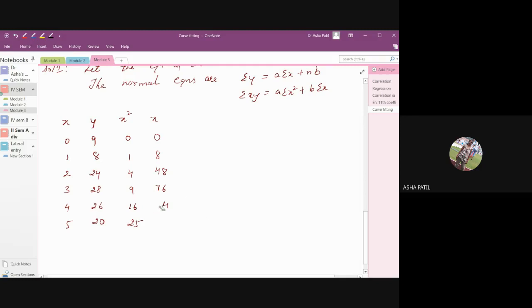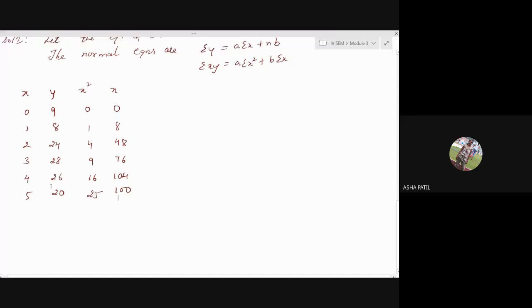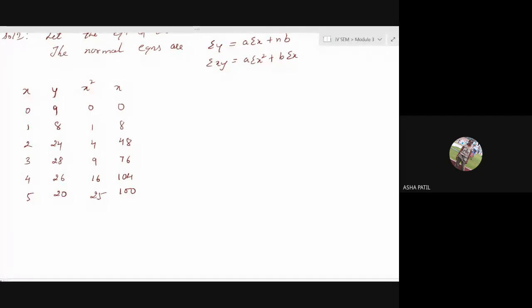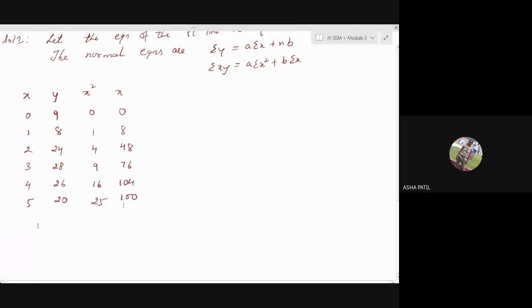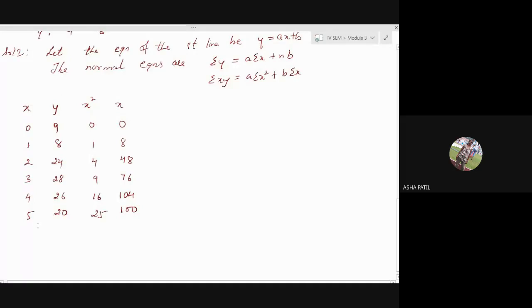Check if I have written the values correctly. And that is 84. 20. Okay, this value, no? 4 and 84. Yes. Next value, is it right? Yes, ma'am.